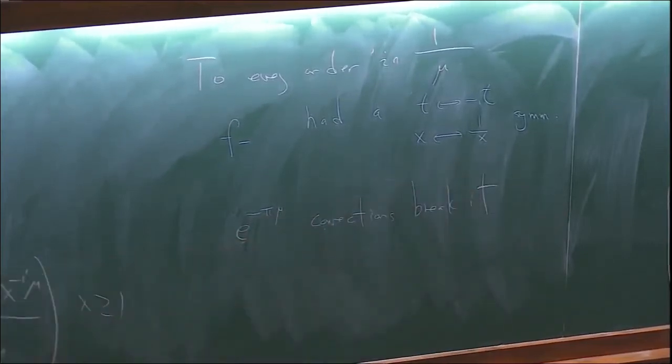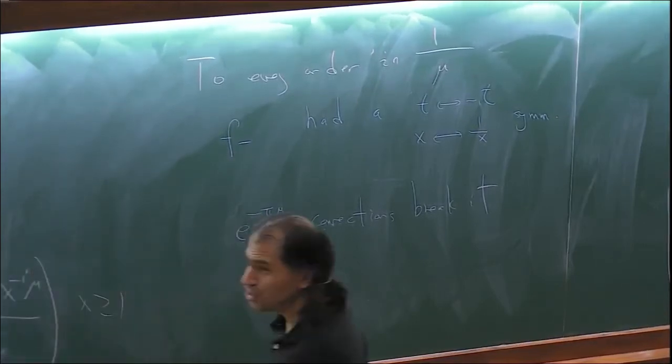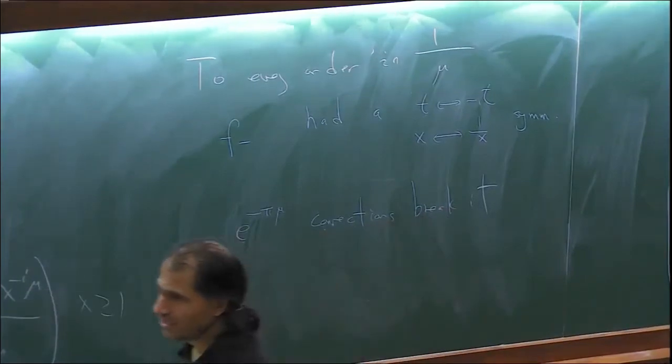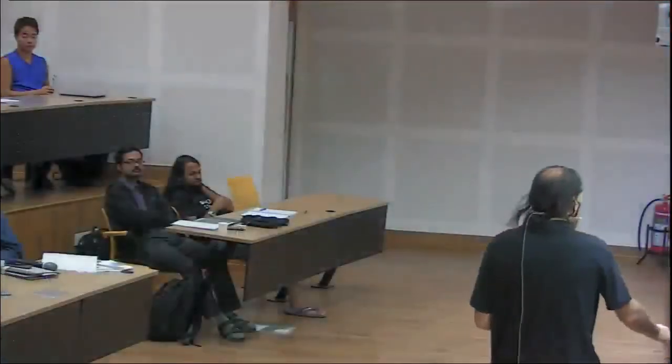All right? So let's say you want a solution that has the x to 1 over x symmetry. What is that solution? I have to add a homogeneous solution of the equations to this one in order to enforce that symmetry. And so if you want that solution, we can call that f symmetric.